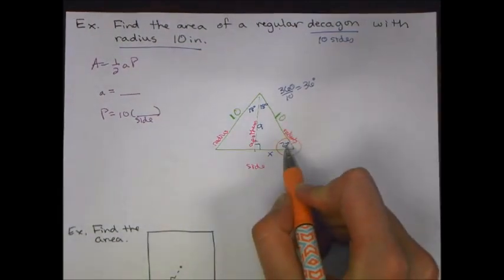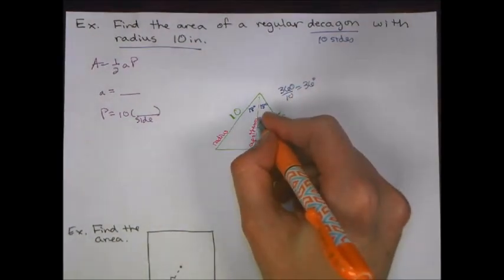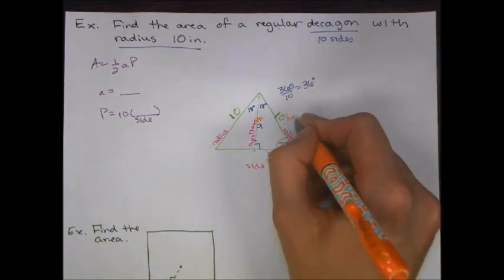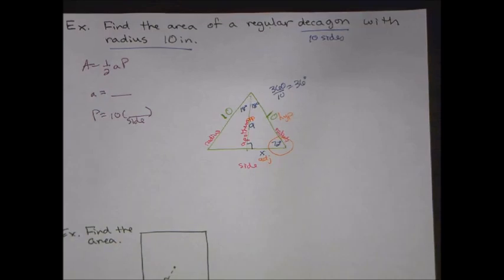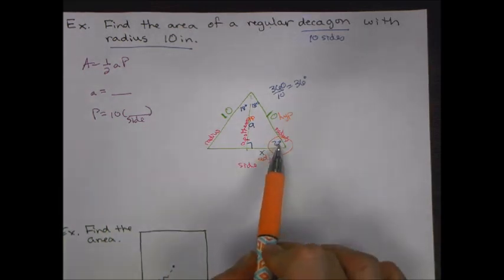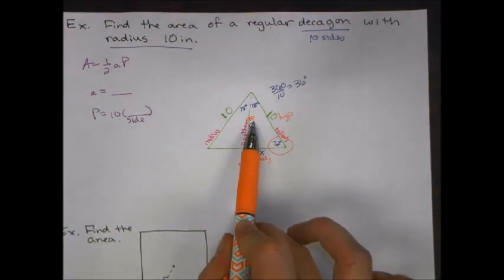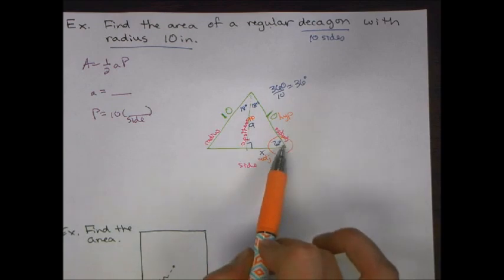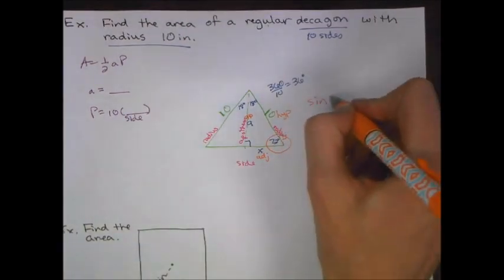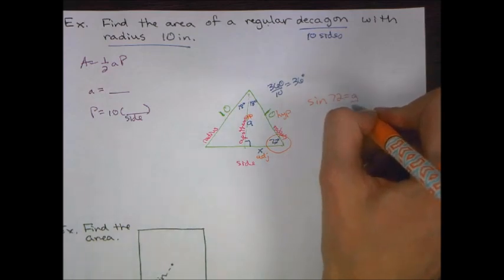From 72, we have our opposite, adjacent, hypotenuse. This should be quick. We just took a test on this. To find the opposite, we're going to use opposite over hypotenuse. So sine of 72 equals a over 10.